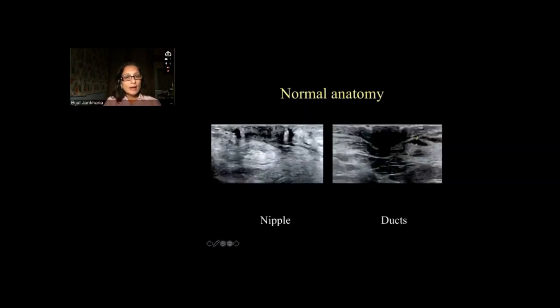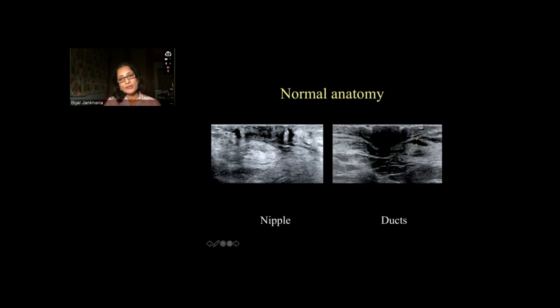The skin around the nipple and the areola is thickened. The nipple gives rise to some amount of shadowing, as is seen here. If we want to look at nipple abnormalities, we can put a gel pad above the nipple to have a better look at it.